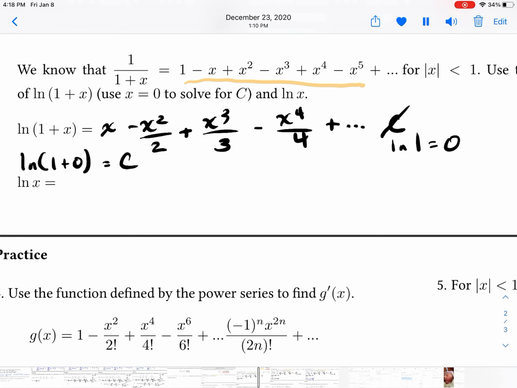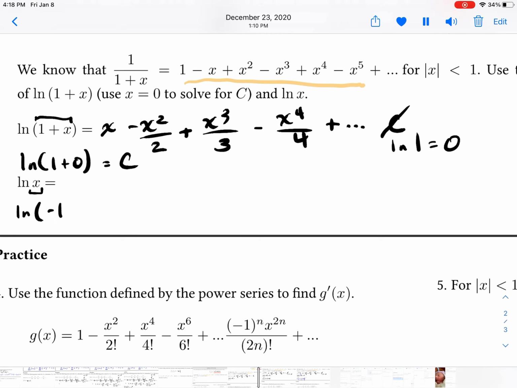Well, in order for us to write the power series for the natural log of x, we had to think about this argument in terms of this argument up here. Well, this is simply the same as the natural log of negative 1 plus 1 plus x, if you will. It's simply the previous argument minus 1.